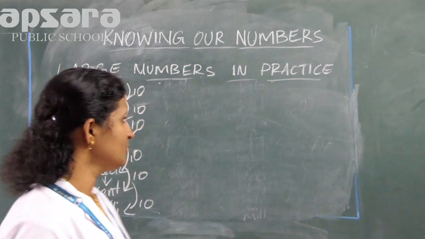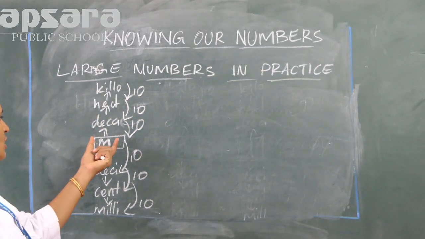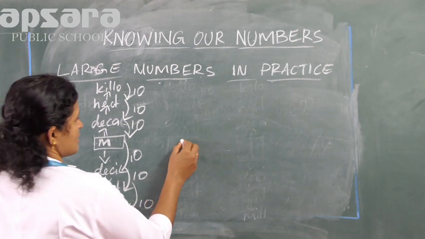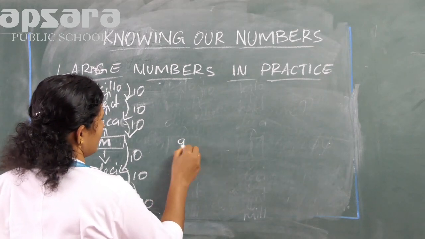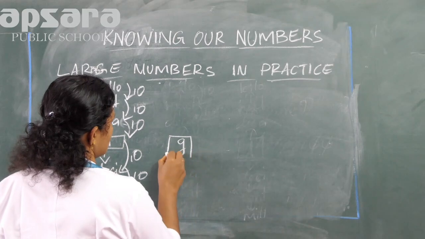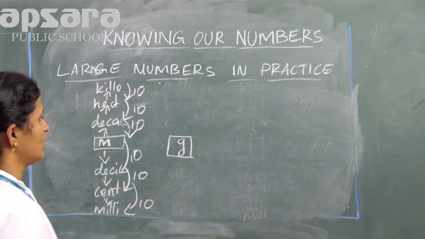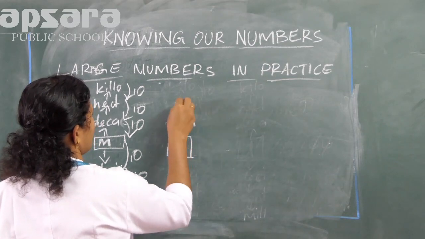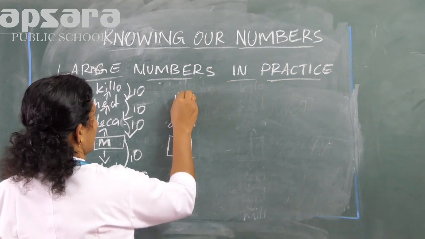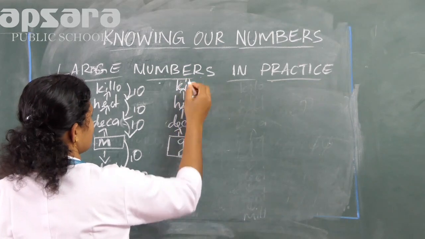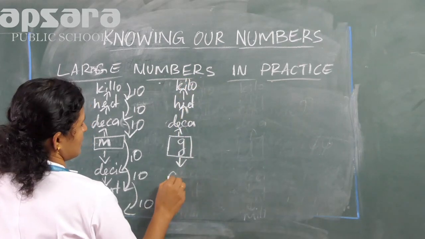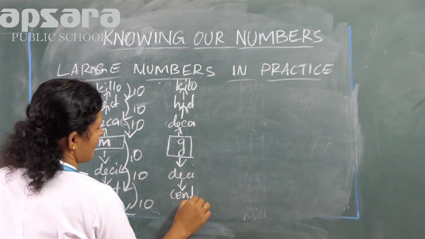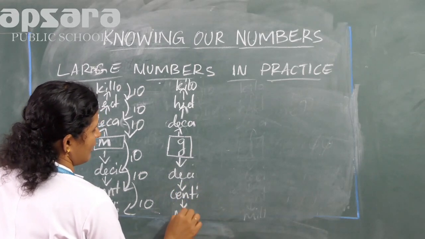So okay children, meter is the basic unit for measuring length. Like that, which is the basic unit for measuring weight? Gram. Gram is the basic unit for measuring weight. And the upper scales are decagram, hectogram and kilogram, and the lower units are decigram, centigram and milligram.